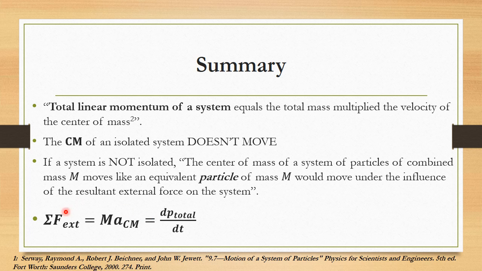And because we proved this in the third lecture, I brought it back here, that would also equal the rate at which the system's momentum changes, or dp total over dt. P total for the skaters was always at 0. Therefore, there was 0 change and 0 rate of change in the system's momentum. Therefore, there was 0 acceleration of the system's center of mass, which is a proof that there is no net force acting external to the two-skater system.